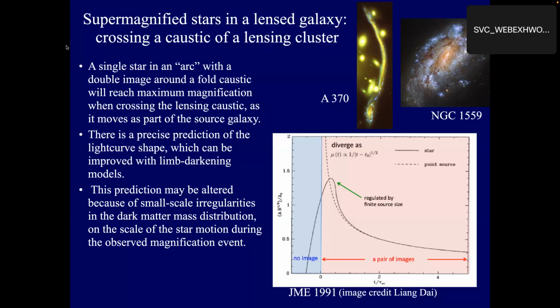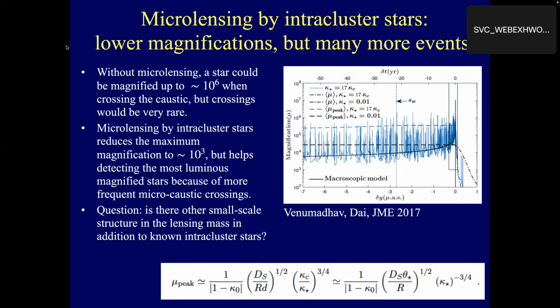This is for a uniform disk, and for a point source it would be just 1 over the square root of the distance to the caustic, so 1 over the square root of time when you look at this move through. This is not, however, what you see.